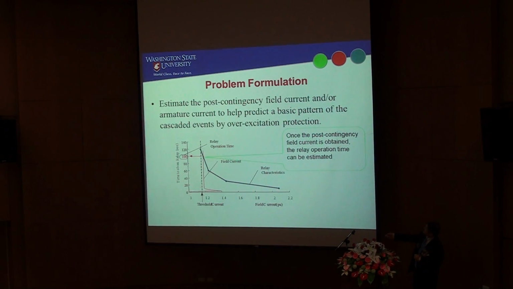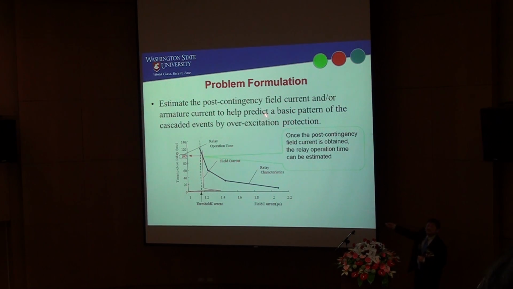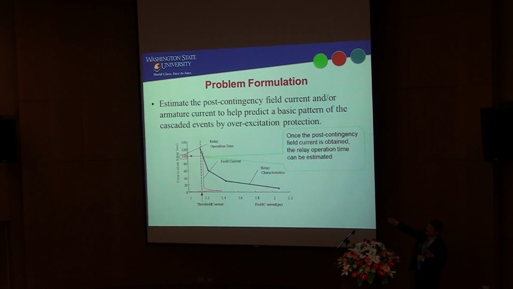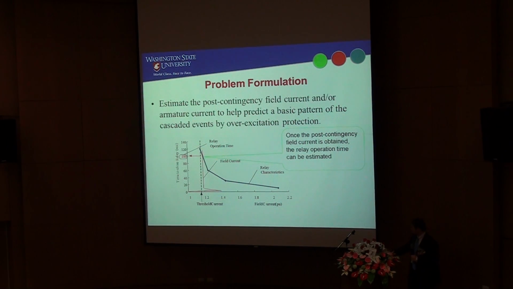And so here is a protection picture. This is the overcurrent protection. So it's actually an overcurrent protection of the field, of the rotor field. Normally we don't do that, but we are talking about self-healing in the future, right? So if you monitor, if you know the field current, you can calculate the field current of the generator.